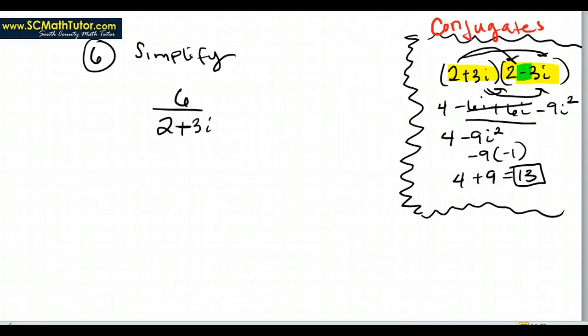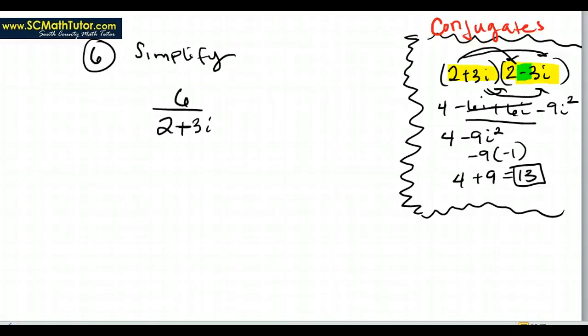So that's how you want to get rid of bottoms that are complex and make them real. To get rid of a complex denominator, what you want to do is multiply by the complex conjugate. A complex conjugate takes the exact same numbers, the exact same number for real and for imaginary, and it changes the sign of the imaginary.